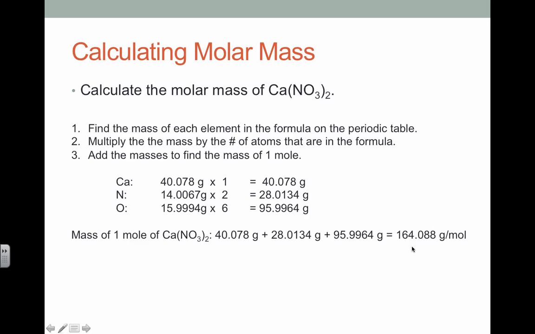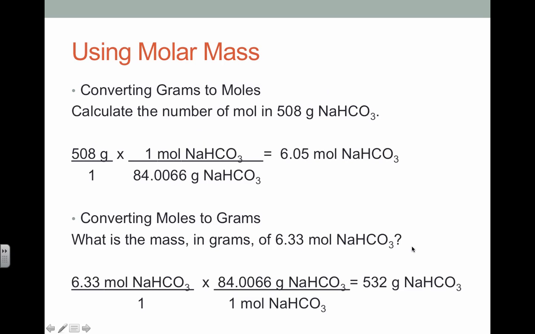And then we can use this to do some other things. We can use molar mass to do other conversions besides moles and representative particles. We can also convert moles to grams as well as grams to moles. So if we want to convert grams to moles, if in this example they give us 508 grams of sodium hydrogen carbonate, the first thing we need to do is figure out how much a mole of this NaHCO3 actually is.